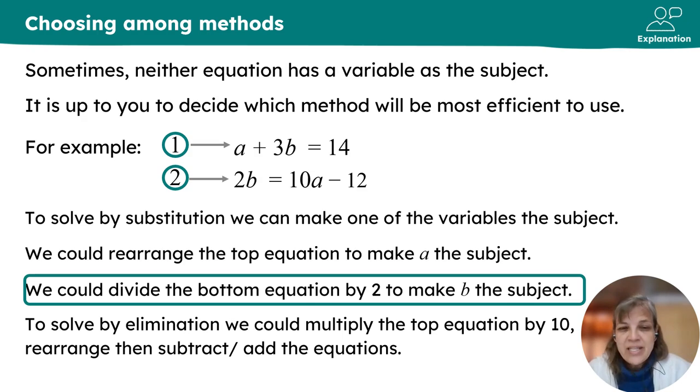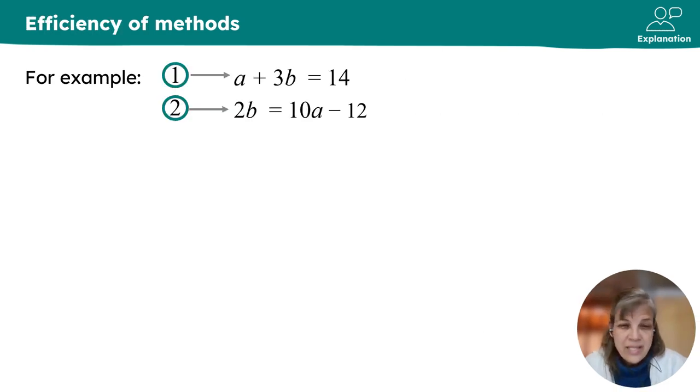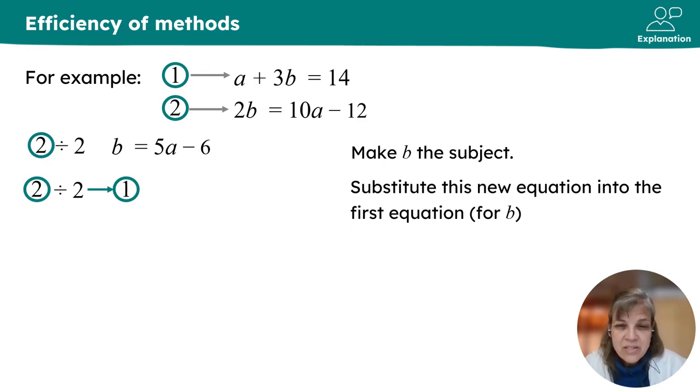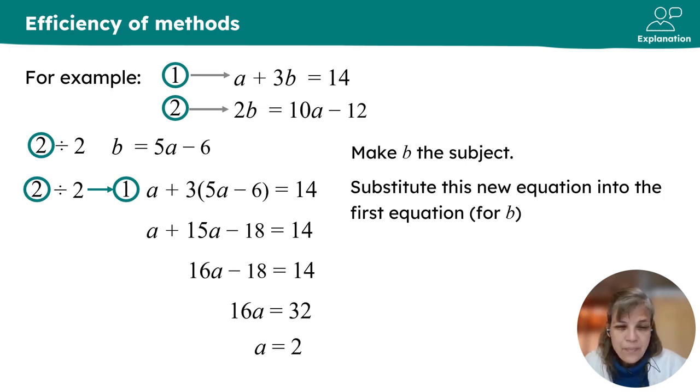Just as a demonstration, let's do this second option, that we could divide the bottom equation by 2. If we did that, we make b the subject of the second equation. So we divide by 2, b is then equal to 5a minus 6. Now I substitute that into the first equation, and then I solve for a.